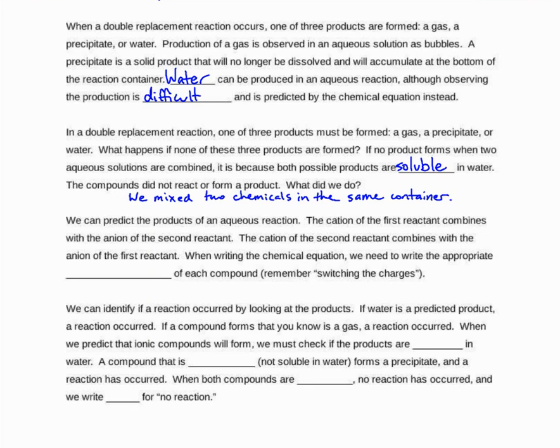The cation of the first reactant combines with the anion of the second reactant, and same with the other two. When writing the chemical equation, we need to write the appropriate chemical formula of each compound. Remember our switching the charges, that's what we're going to be doing.